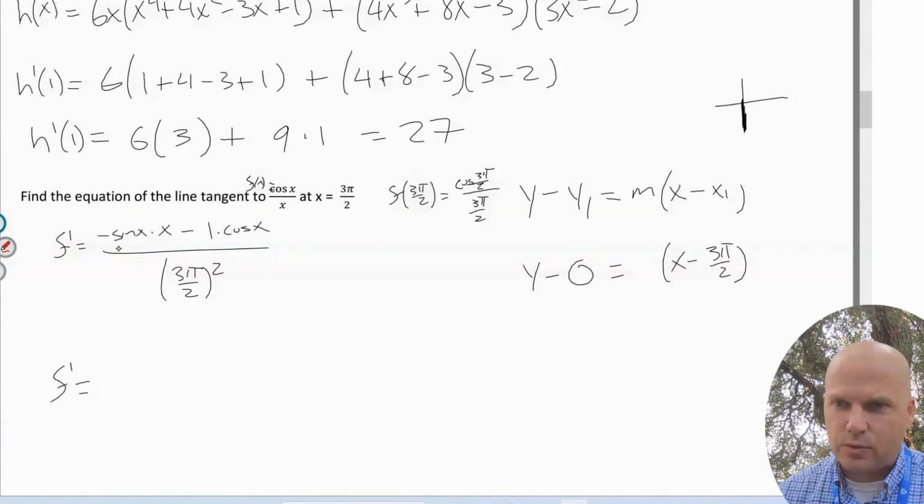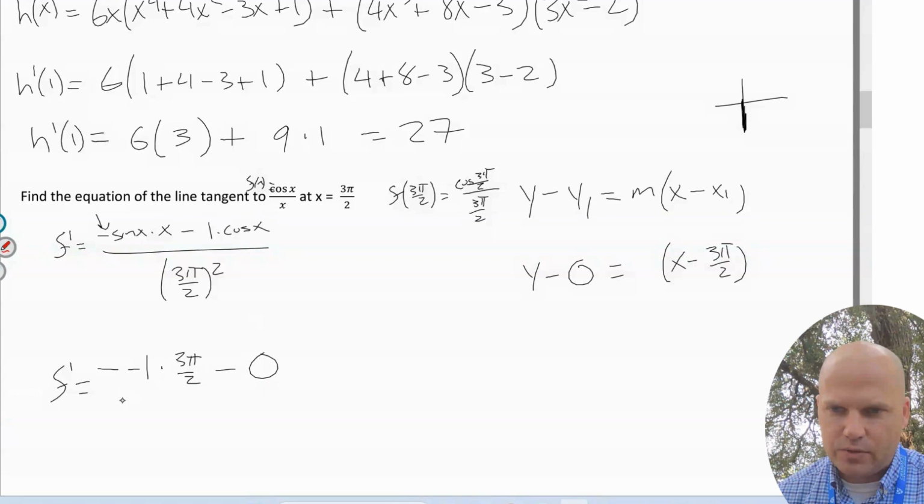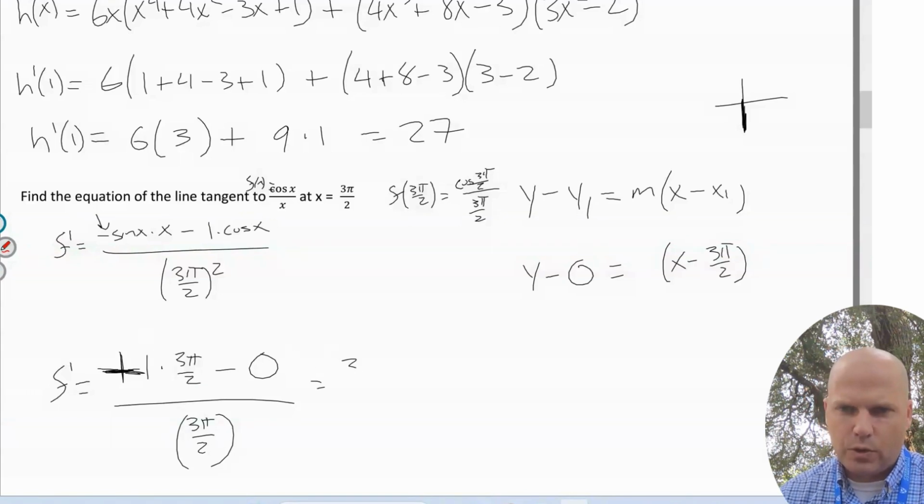The sine of 3 pi over 2 is -1, so I'm going to have this minus sign, and I'm going to have a minus -1, and then times 3 pi over 2. Minus the cosine of 3 pi over 2, which is 0, over 3 pi over 2 squared. Well, this becomes a big fat plus. I end up with 3 pi over 2 over 3 pi over 2 squared.